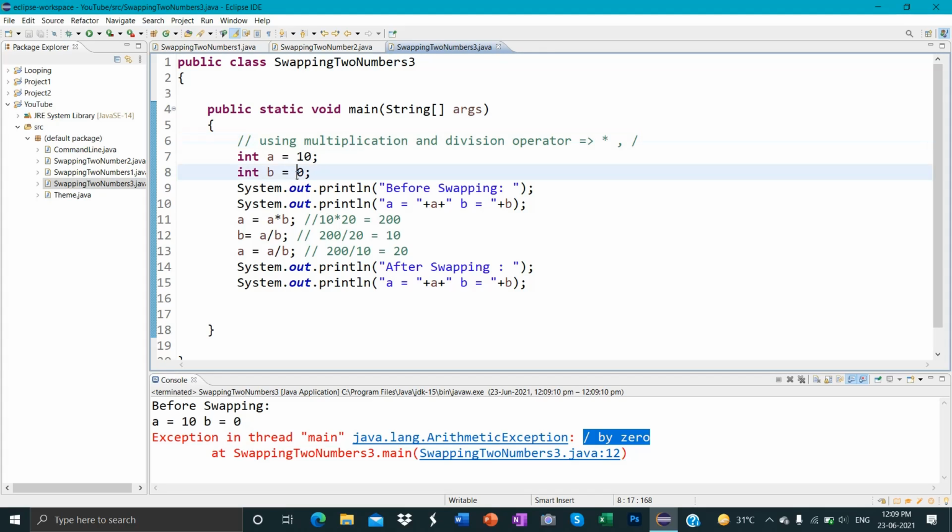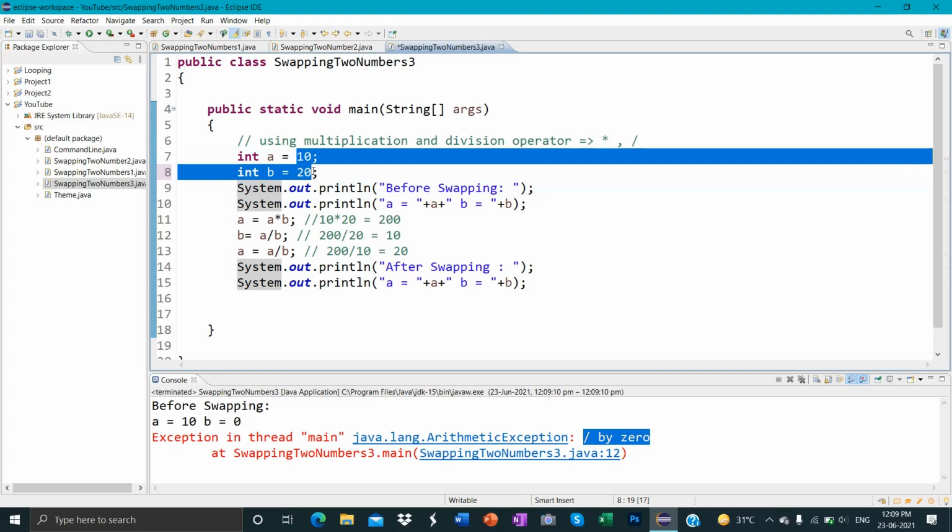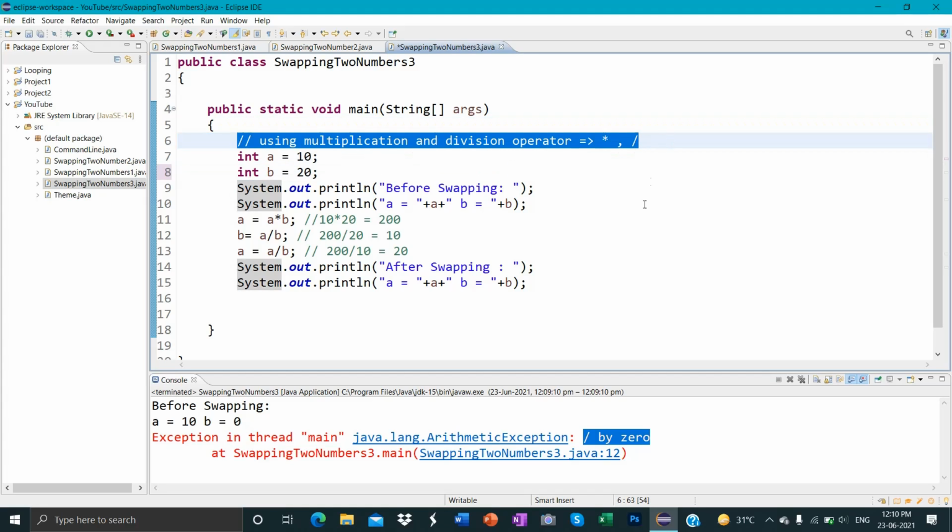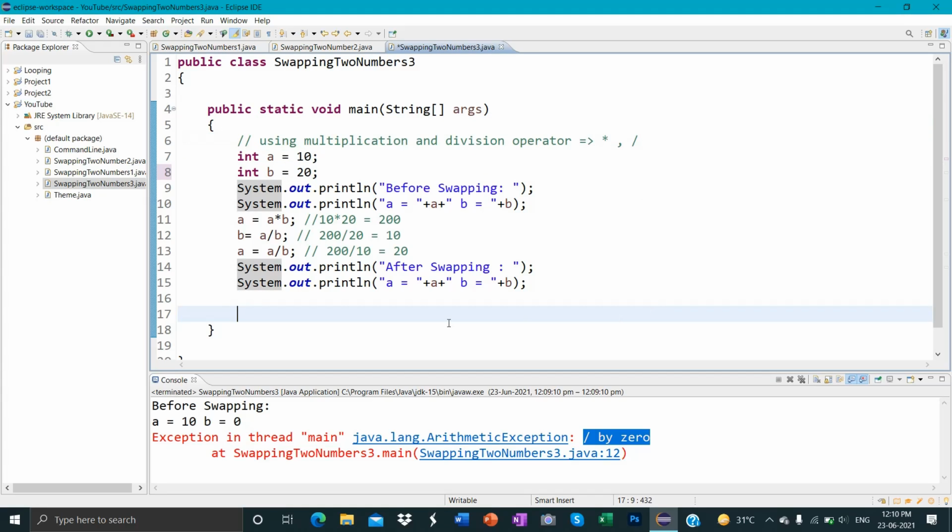So we must note that here the value must not be 0, either a or b. The value should never be 0 to use this logic. That was the only one condition which we need to keep in mind whenever we are using this logic 3, that is using multiplication and division operator.